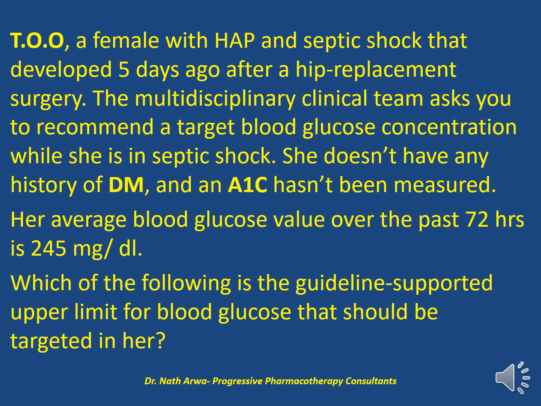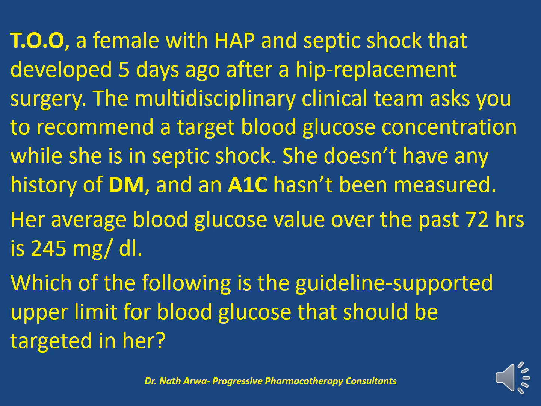So the same patient, you are told the multidisciplinary clinical team asks you to recommend a target blood glucose concentration while she is in septic shock. She doesn't have any history of diabetes mellitus, and your lab has not established her A1C.